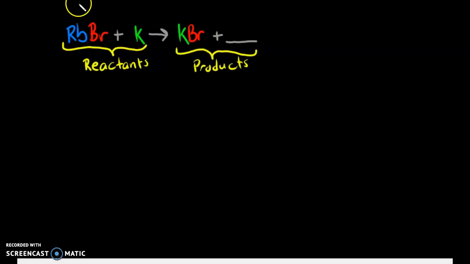Okay, so if I look at all of my elements, Rb, if I look on my periodic table and I scan through, there we go. In group 1, period 5, Rb, element number 37, rubidium.